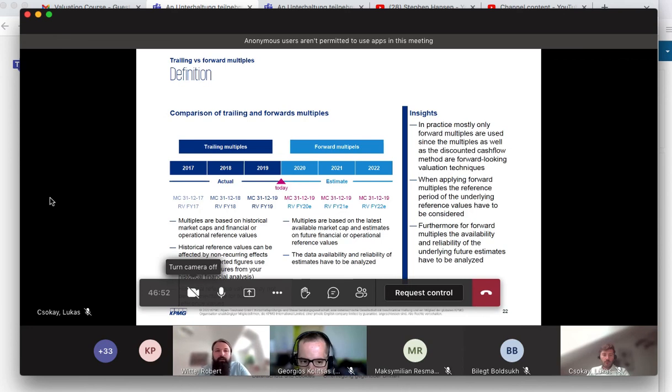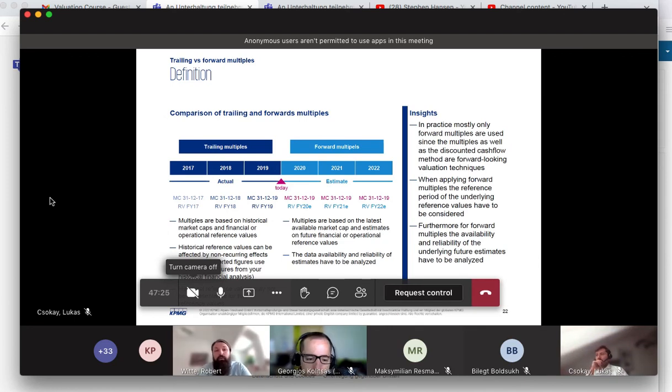I calculate the PE multiple, and I can either take the net income from last year, which is 2021, or the net income from next year, 2022. The difference is the trailing multiple is based on 2021, which you can call a historical multiple if you want.